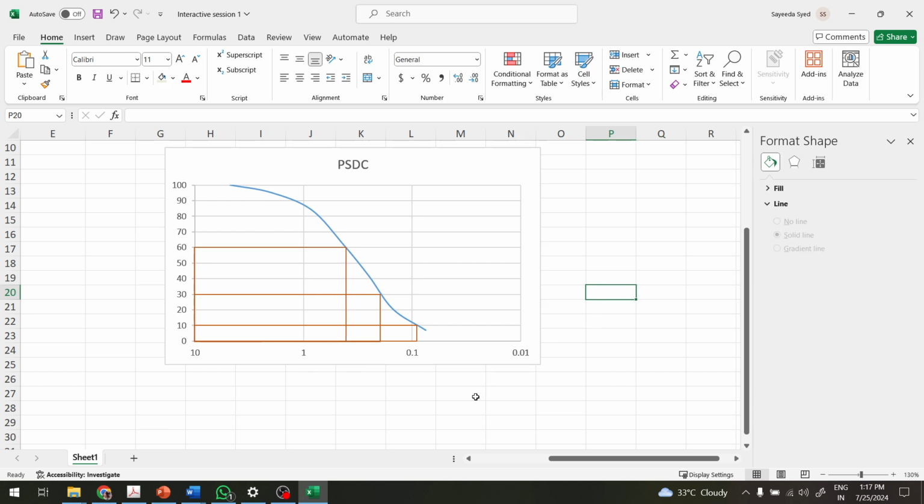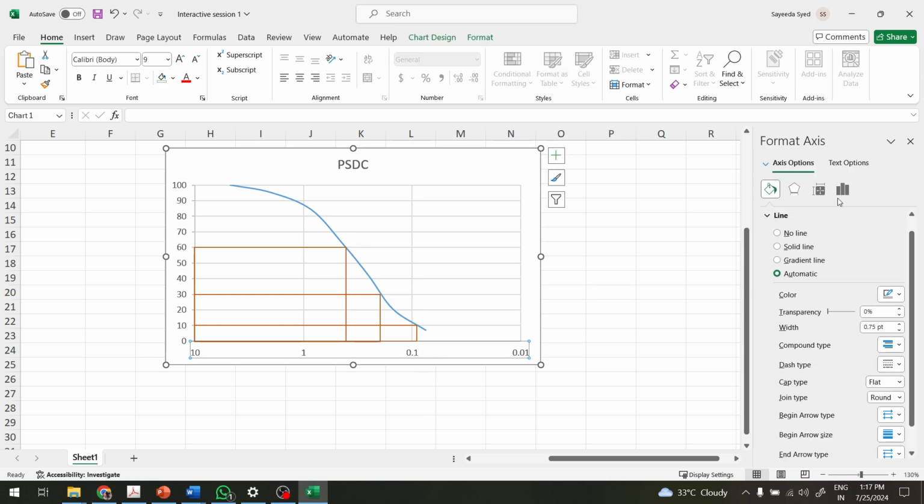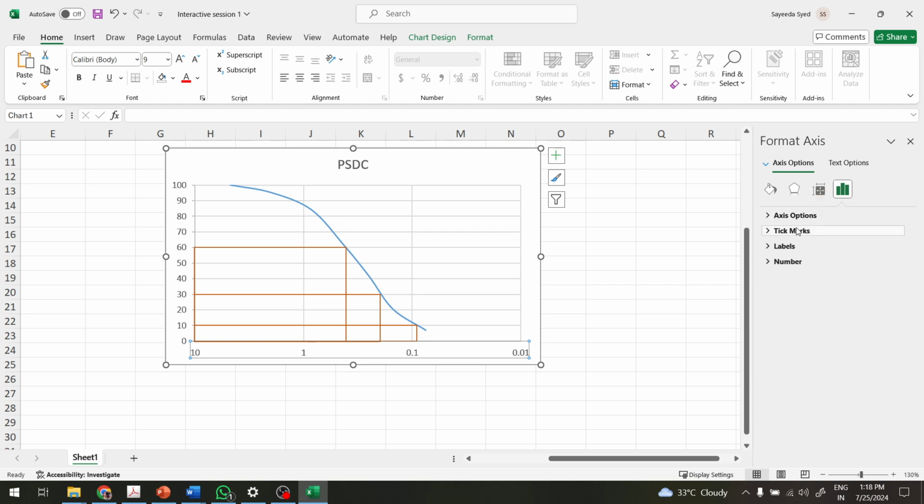So let's also have tick marks on this axis, so we can see.